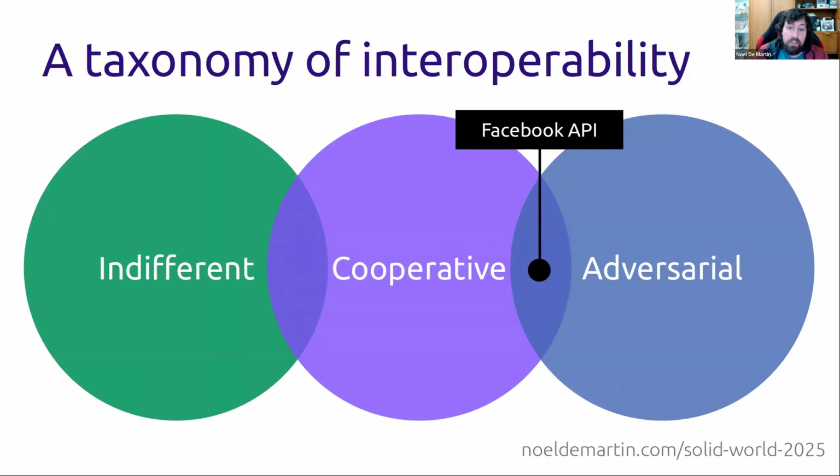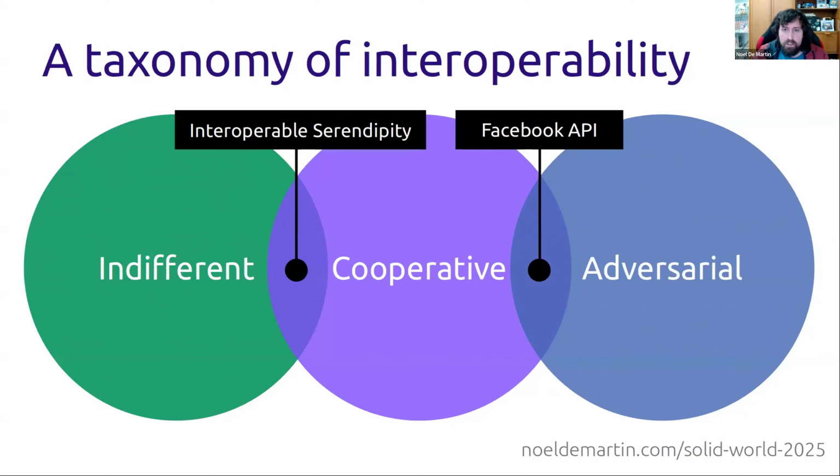And also inside of cooperative interoperability, even if you are using Solid, it could be within this range. It's not something black and white. And for me, I would argue that the best cooperative interoperability you can achieve is called interoperable serendipity. And if you get there, you are very close to indifferent interoperability.